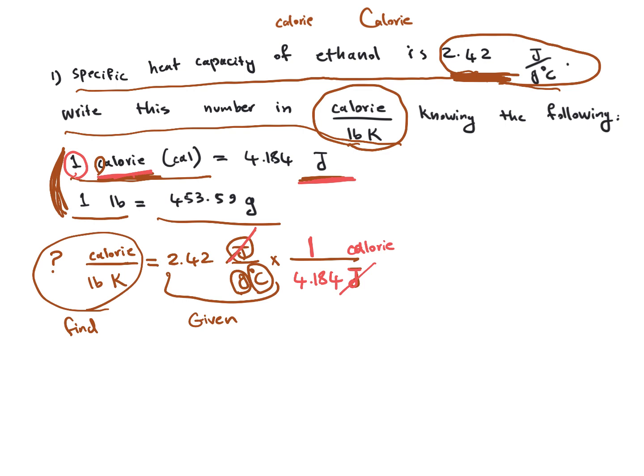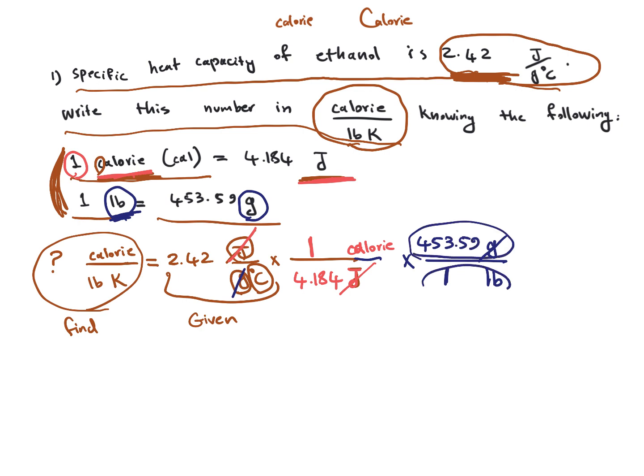Okay, so I took care of energy so far. I changed the color here to this dark blue. And gram. I want to convert grams to pounds, so here I write gram in the numerator so it cancels with the denominator. And I'm given pounds: 1 pound equals 453.59 grams. These two quantities are equal.